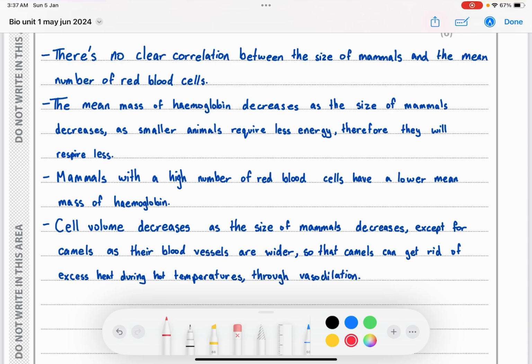Now, the third point I have here is that mammals with a high number of red blood cells have a lower mean mass of hemoglobin. So high number of red blood cells, lower mean mass of hemoglobin. Now we are comparing the number of RBCs to the mass of hemoglobin.